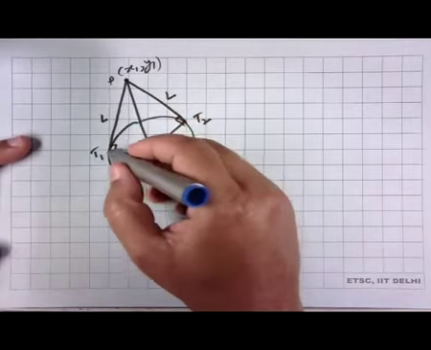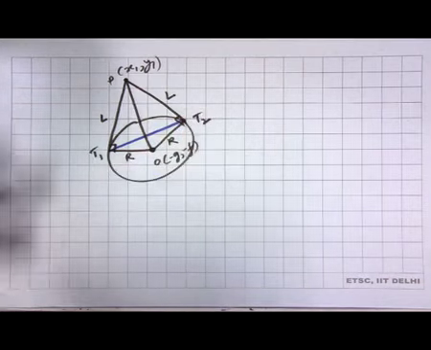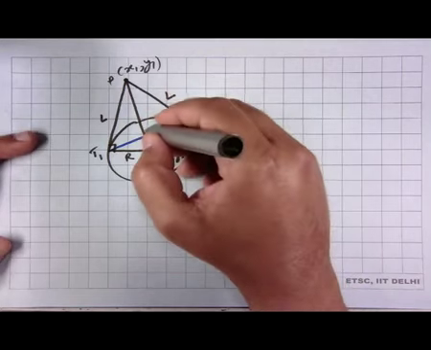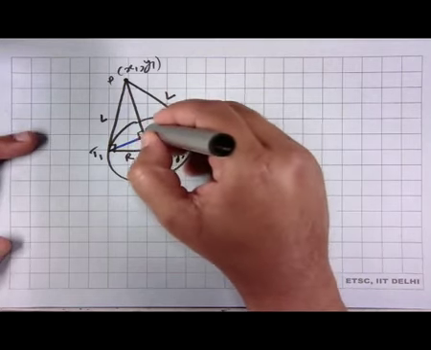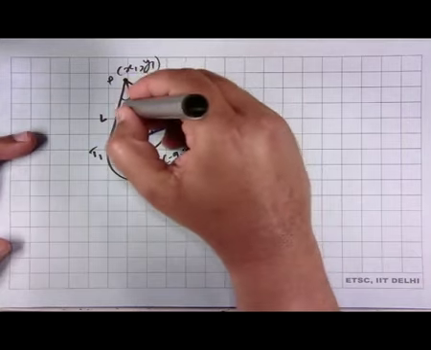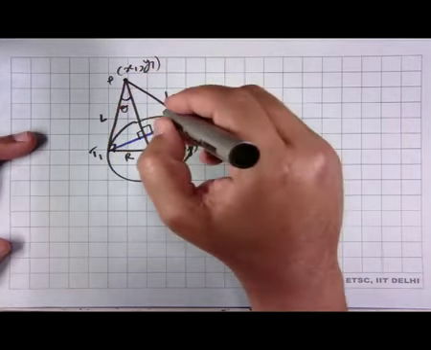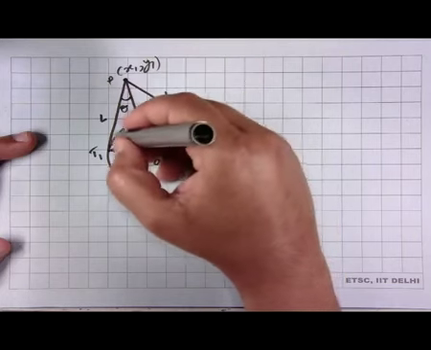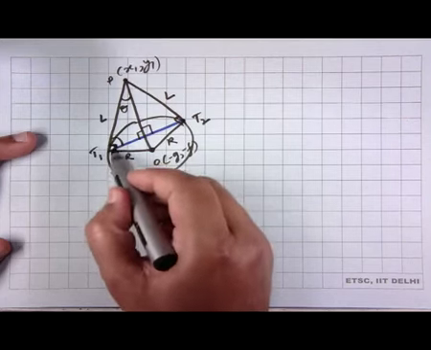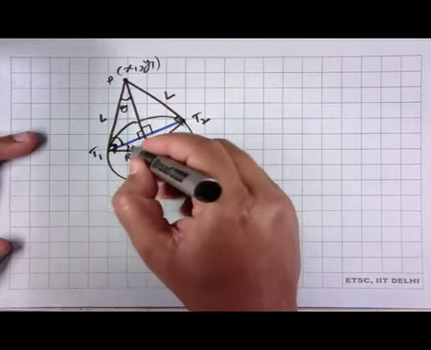we are asked to find the length of this chord of contact. So, it is not very difficult because we see that this angle will be 90 degrees. Let us say if this angle is theta, then this angle is 90 minus theta, but because this entire angle is 90, this angle is also theta.